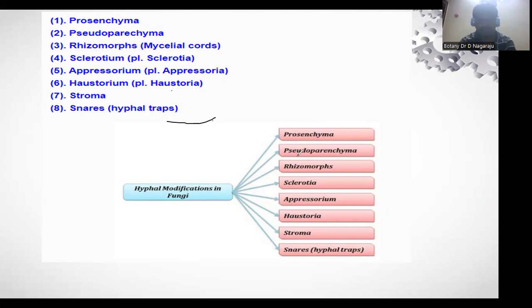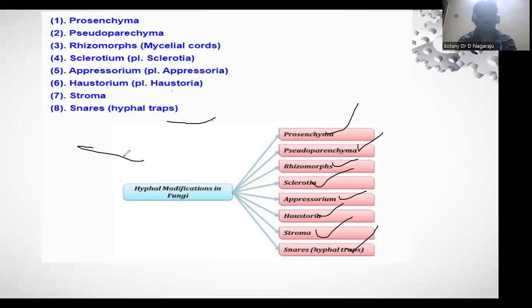Read out. Prosenchyma, pseudoparenchyma, rhizomorph, sclerotia, appressoria, haustoria, stroma, snares. These are the types.